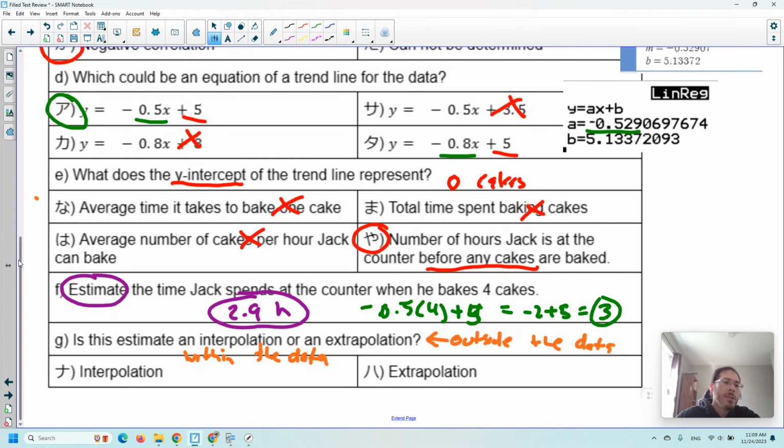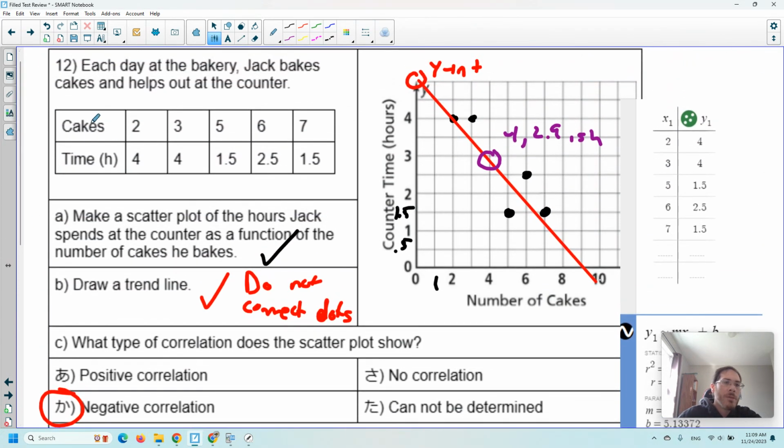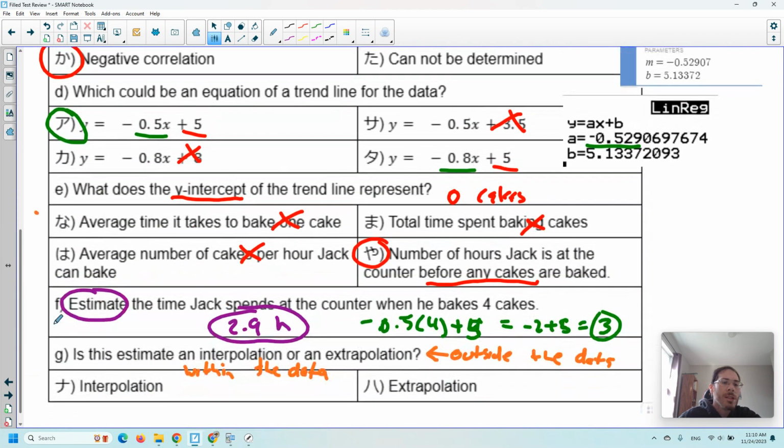So if I go up to my data table, if I was over here, this would be extrapolation. If I'm over here, this would be extrapolation. So more than 7 or less than 2. But since I'm inside here, this would be an interpolation. So 4 is inside the data, so 4 is an interpolation. And that's it. So there we go. So that's all of them.